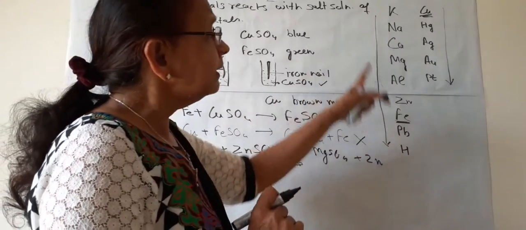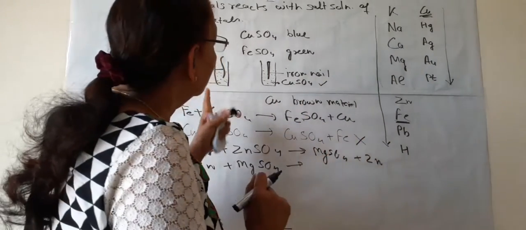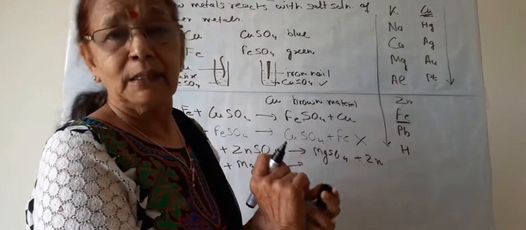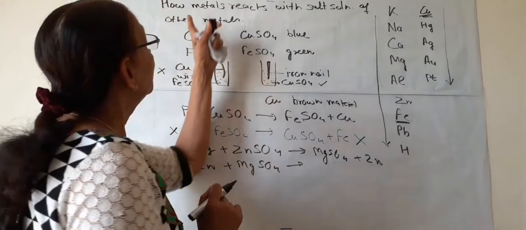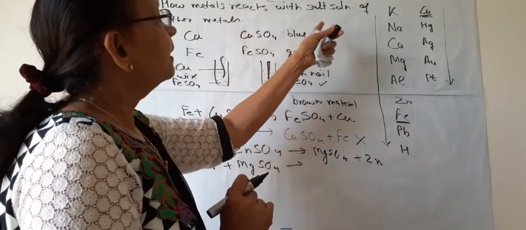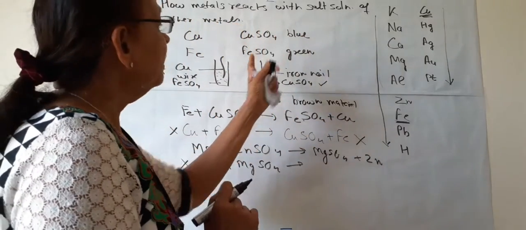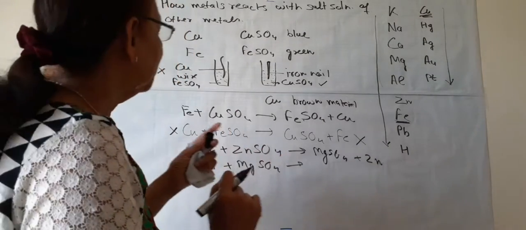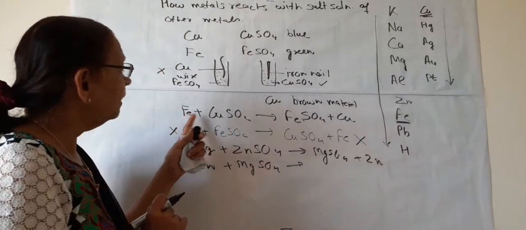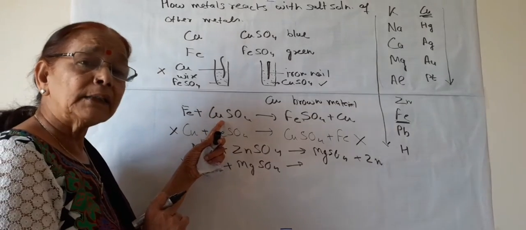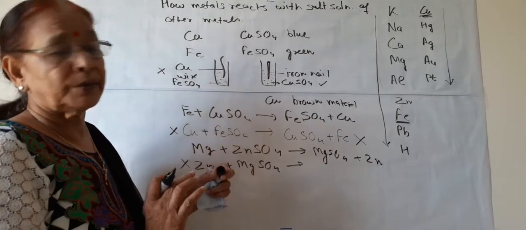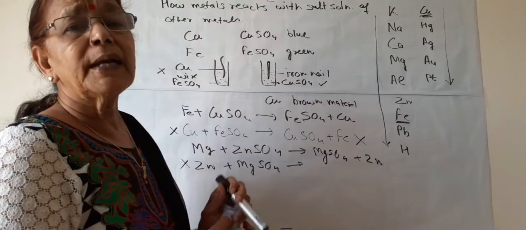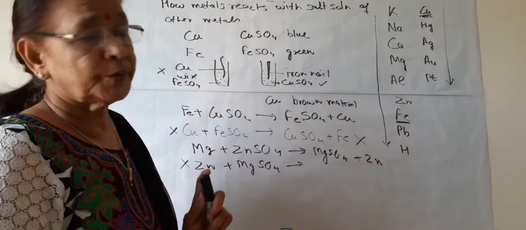So by knowing this reactivity series, we can know which metal can displace which metal. So this is how we know metals can react with other salt solutions, and these are displacement reactions. Displacement means one metal displacing the other from its solution. So this is how we know the reaction of metals with salt solution.